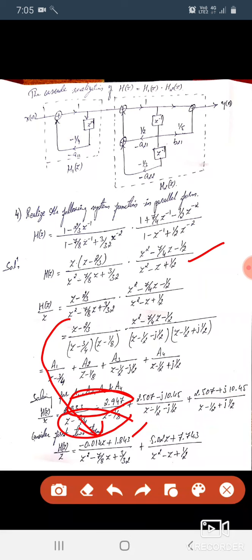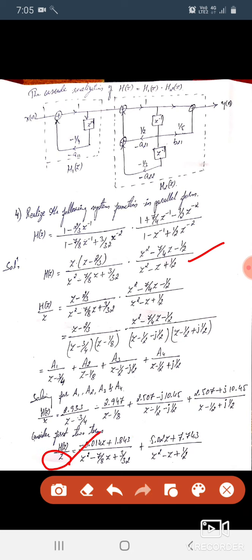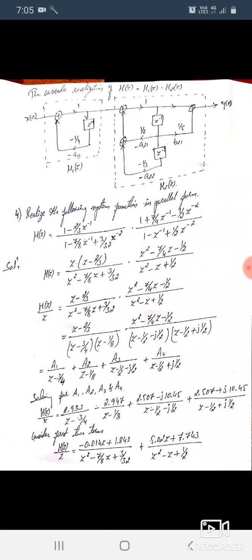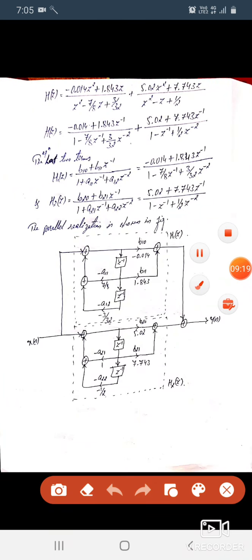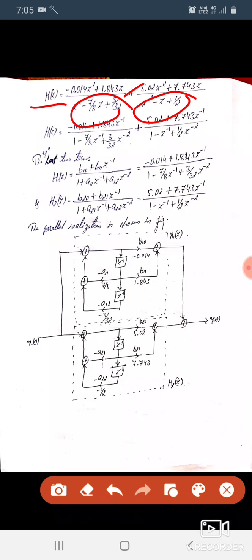After this, I am going to multiply this z towards your RHS. After multiplication, you will get the result like this. We just multiplied the z here, and you will get minus 0.014z square plus 1.843z divided by the same denominator. The denominator does not change here, only the numerator part changes.